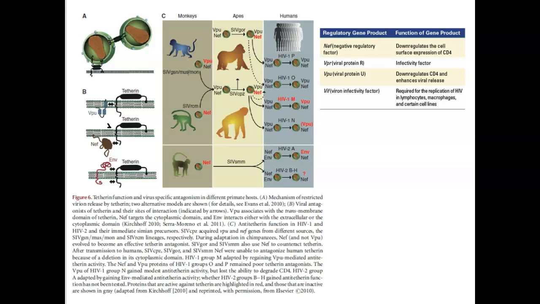So a couple other important gene products, NEF, VPR, VPU, and VIF. First, let's remind ourselves that HIV evolved from SIV, and it had to jump species.